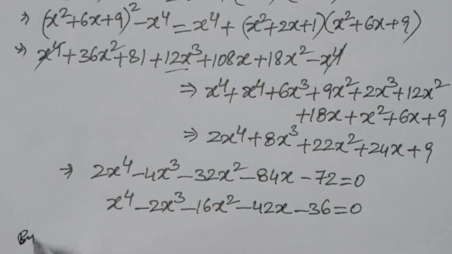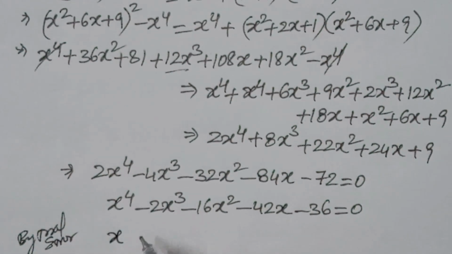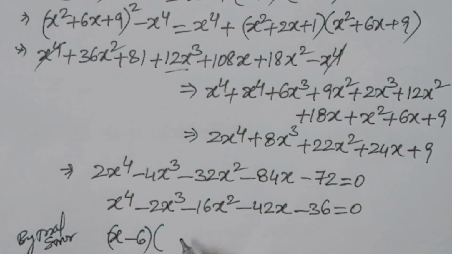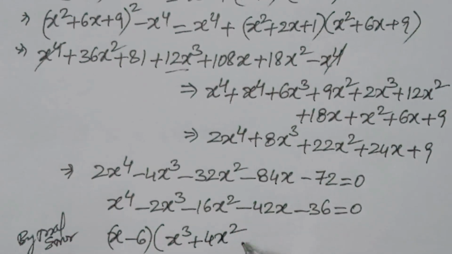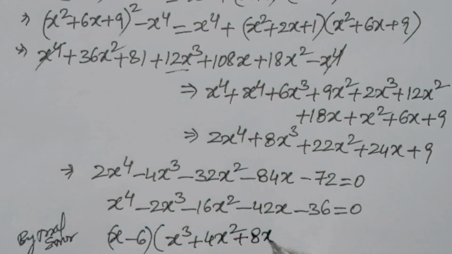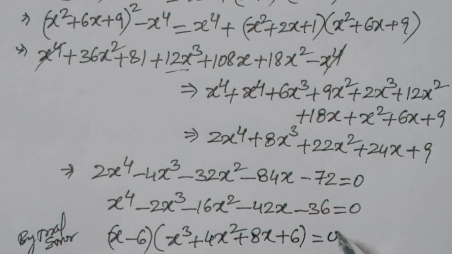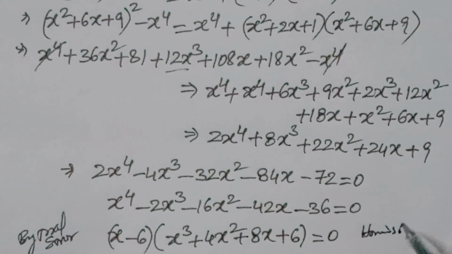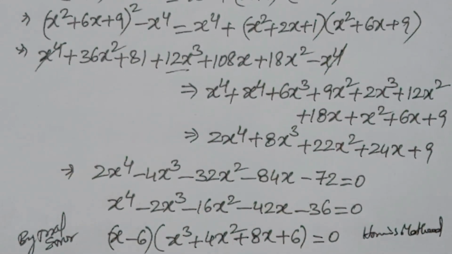By trial and error, x value will get 6. (x minus 6) into (x cube plus 4x square plus 8x plus 6) equal to 0. So you will get this by Horner's method. Therefore x value is 6.